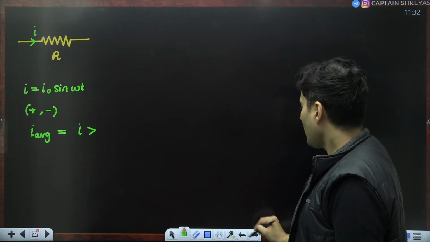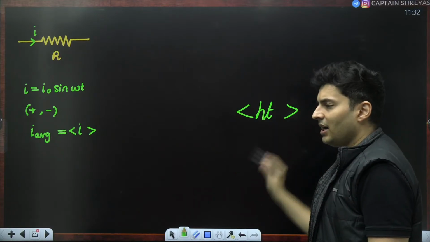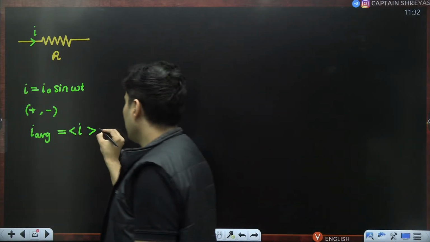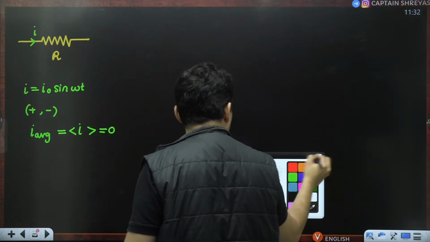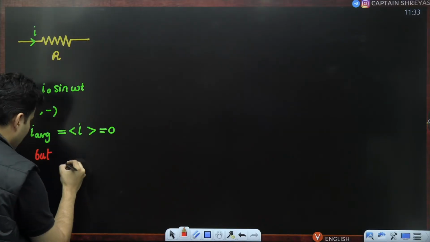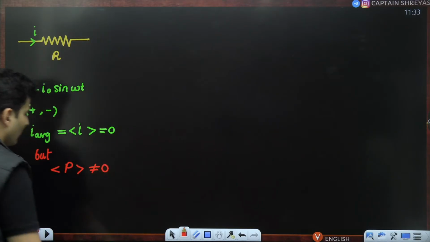Correct? If I put height and I put this, average height of the students. So the average current is obviously 0. But there is a but. What is that but? The but is that the average power is not 0.